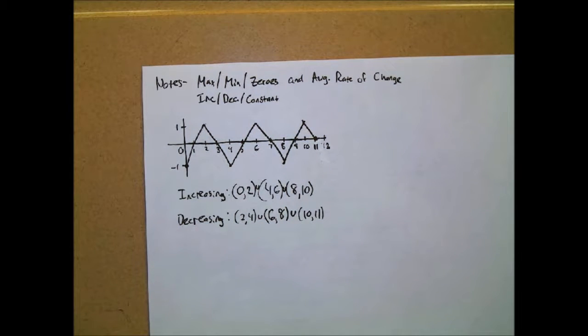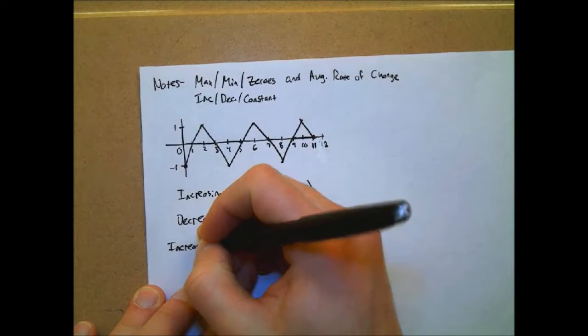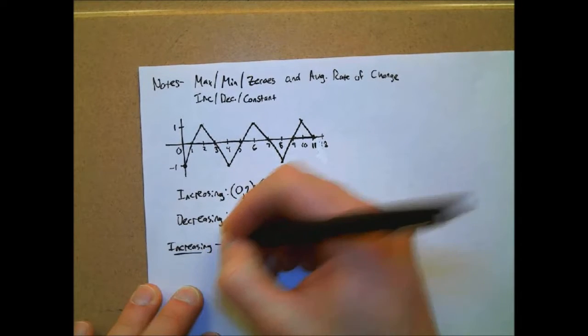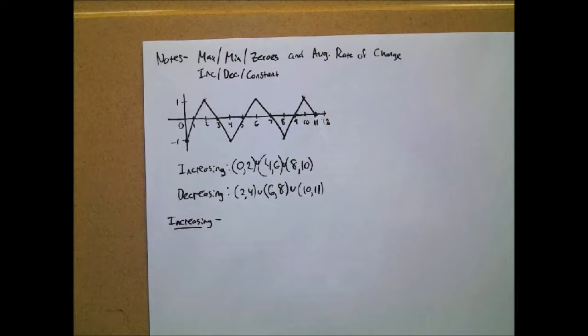Very good. So the definition for increasing: what does it mean to really be increasing? What's happening to the function if we're looking for increasing behavior? Yeah, it goes up from left to right.